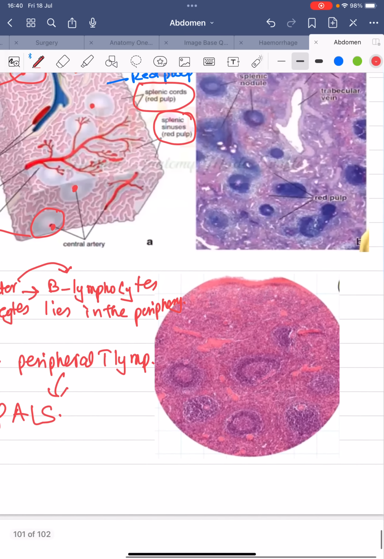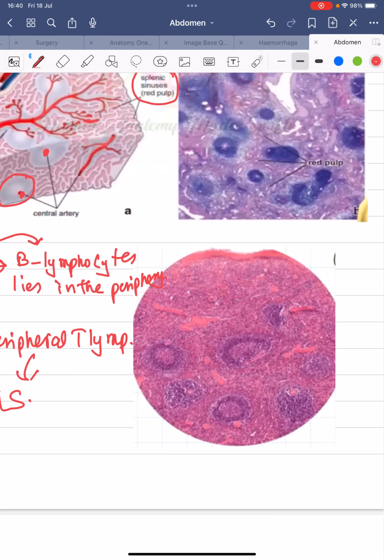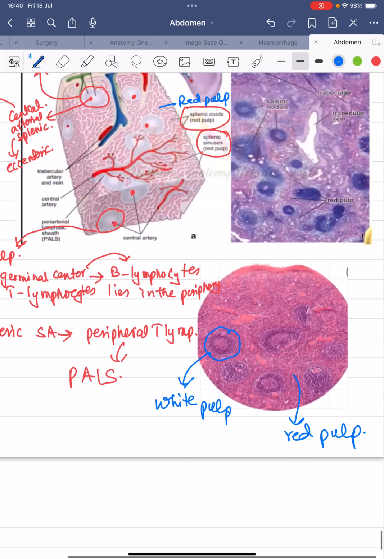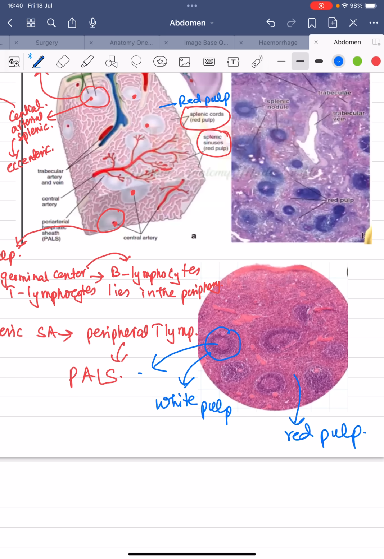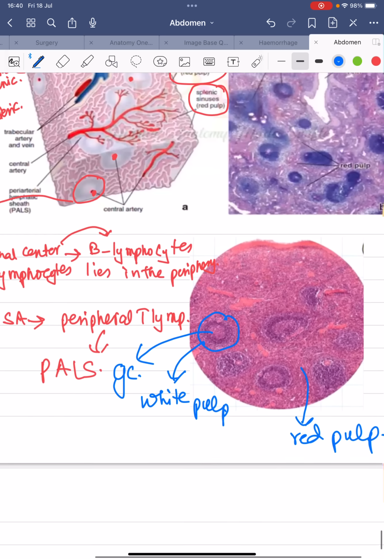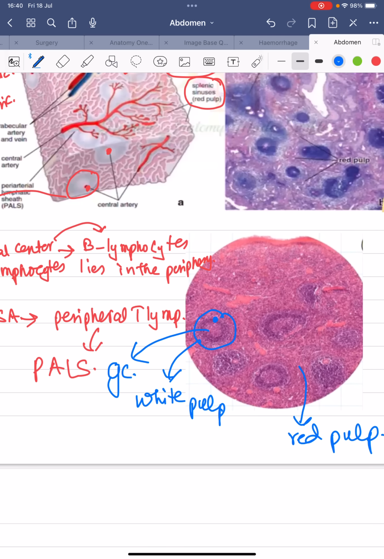So this is your one white pulp. All of this which you are seeing here in red color is known as the red pulp. Now in this white pulp, see here, this is the germinal center. This is your eccentric arteriole.